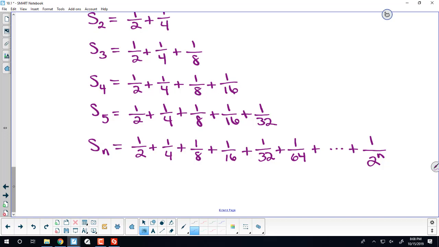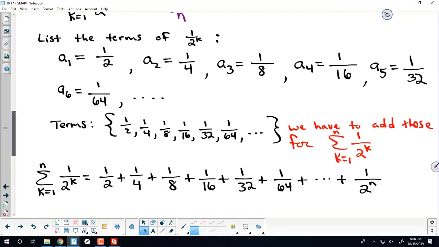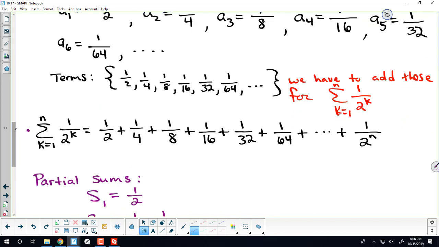And notice we've already written that out, right? That nth partial sum is this sum right here, up to n. So when we write out the sum from k equals 1 to n of 1/2 to the k, we can express that as the nth partial sum, s sub n. Is everyone okay with that?